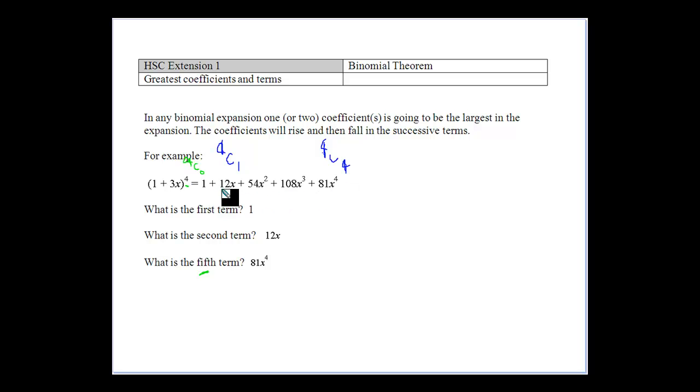If we start comparing, what we notice is that the second coefficient is greater than the first. What we want to do is keep going along until we get to a point where it's not greater than the one before. So where is the coefficient of each term greater than the one before? We should be able to do that algebraically by comparing two terms.